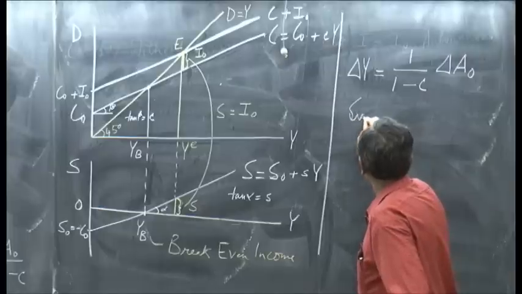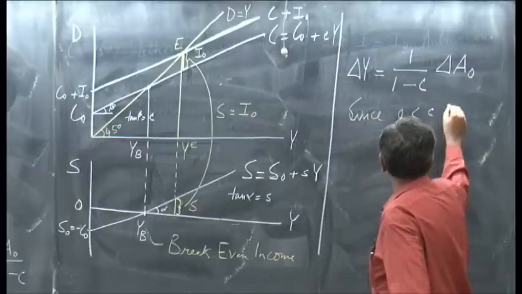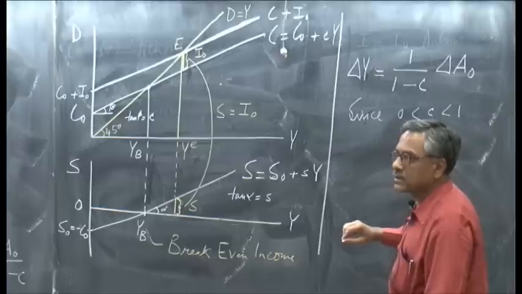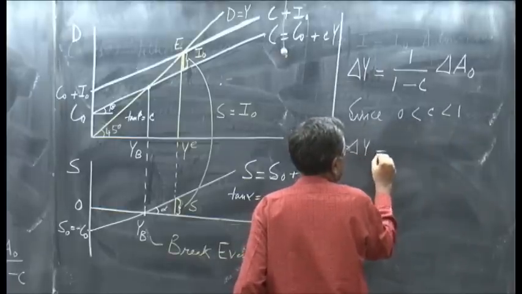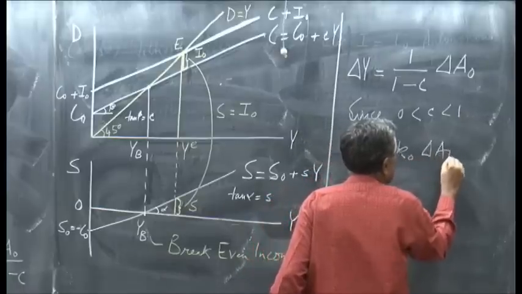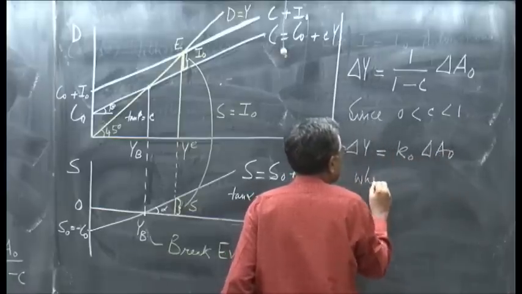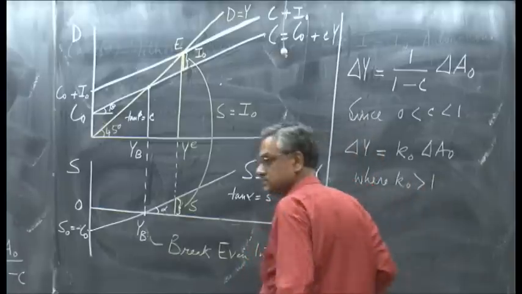Since c lies between 0 and 1, delta Y will be some k naught times delta A naught, where k naught will be greater than 1.